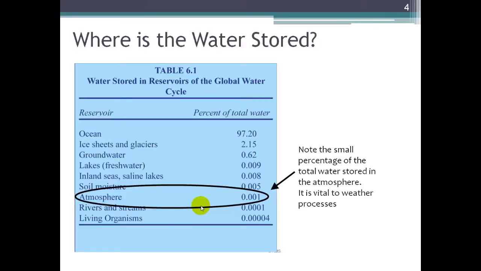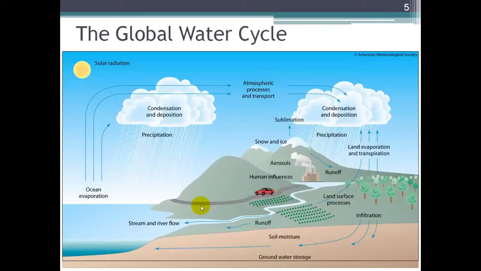This schematic shows the global water cycle, and we start with the open water. So we have the open ocean and open water on the earth, on the land, and the water evaporates because of the sun, heats up, some of that water evaporates, and as it rises up into the atmosphere as water vapor, it condenses.